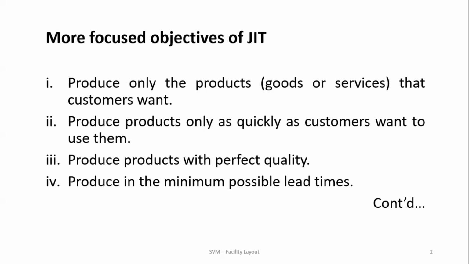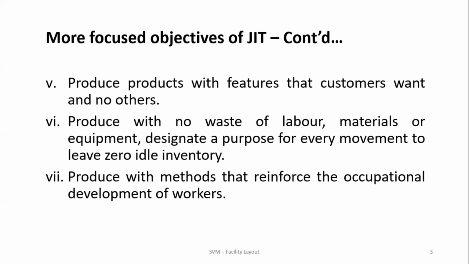Maintaining a minimum lead time means produce products in the shortest possible time. And then customer specific features means only include features that the customers want. Zero wastage you have to focus, in the sense eliminate waste of labor, materials, and equipment. Development of workers means use methods which promote worker skills and development.